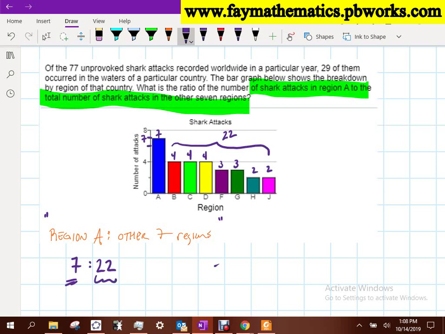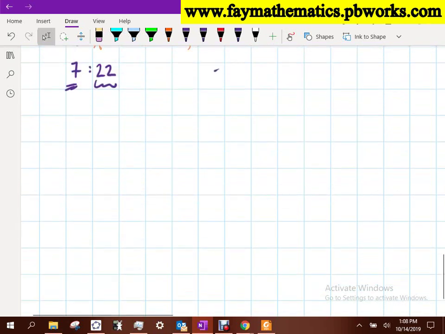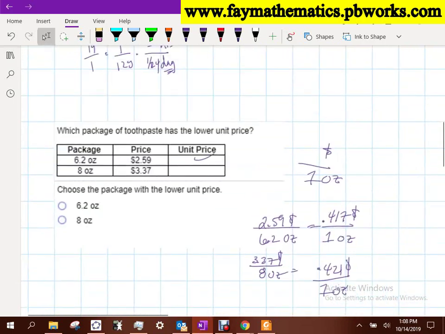So a lot of the errors that I'm seeing are 7 to 77, 7 to 29. It's got to be 7 to 22. If I take 7 plus 22, does that give me the 29 shark attacks that occurred in this country? Yes. Okay.